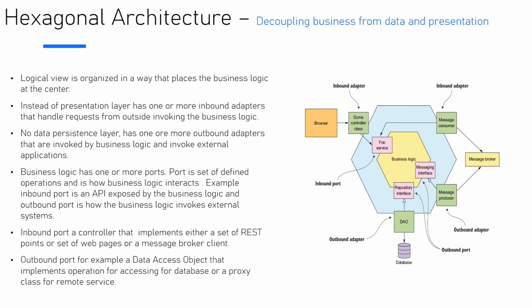Business logic has one or more ports. Ports are a set of defined operations for how business logic interacts with the outside world. An inbound port is, for example, a controller that implements either a REST endpoint, a set of web pages, or a message broker client. An outbound port is typically, for example, a data access object. So this is something we've talked about in hexagonal architecture, but it's just more of a recap.